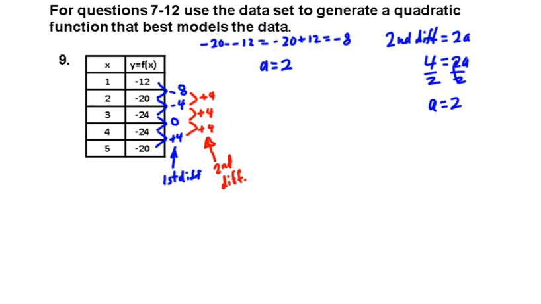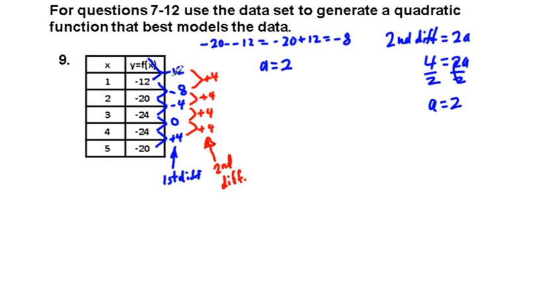Next, we're going to go backwards as we've done before. So what first difference do we need that when we add 4 to it, we get negative 8? Well, that number would be negative 12. Okay, so that's going to be a first difference.